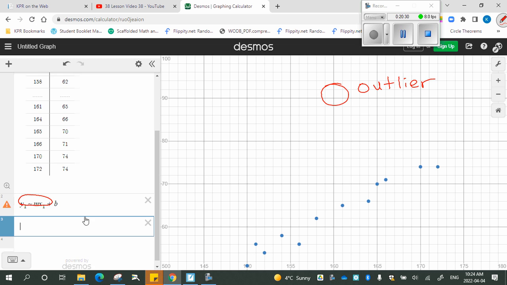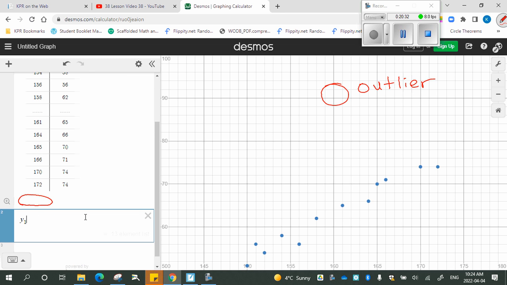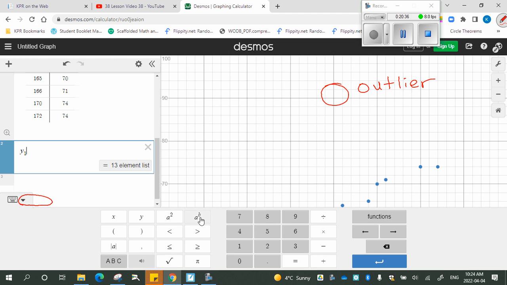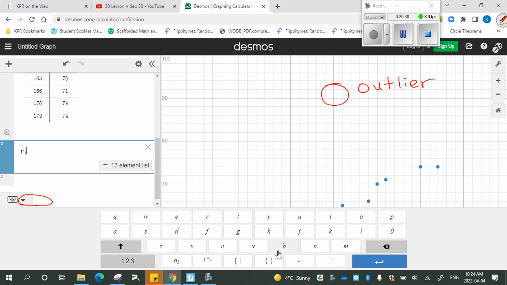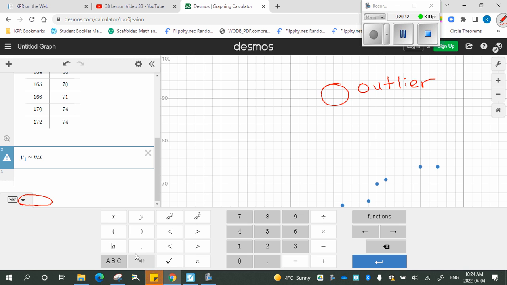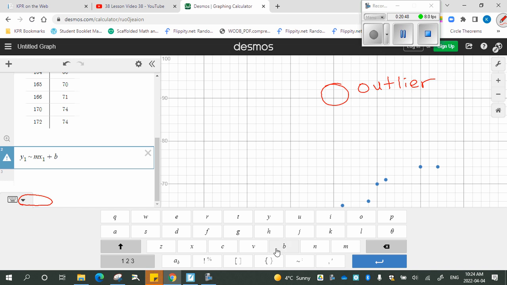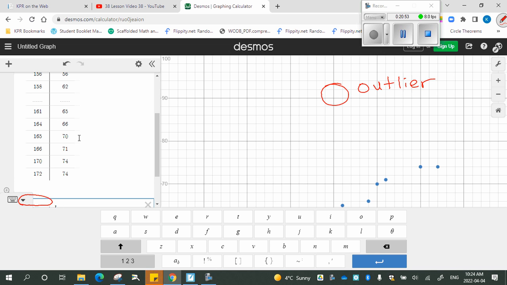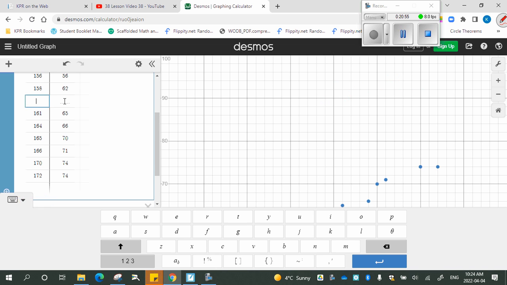Oops. Guess I have to type it in again. Is approximately mx1 plus b. Why isn't it working? Maybe I have to delete that.